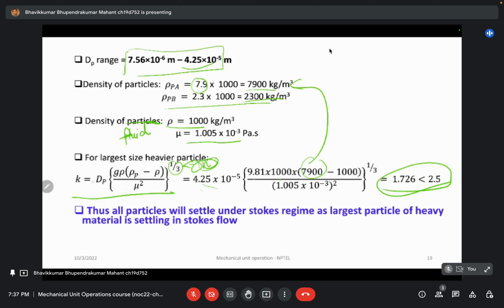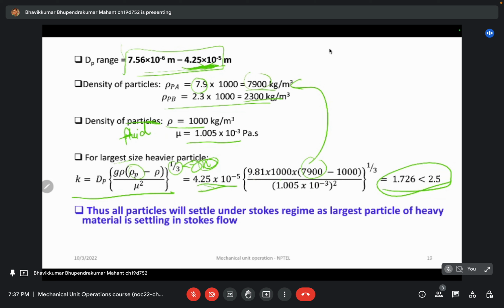This is the equation: K is equal to dp g rho p minus rho divided by mu square, raised to 1 by 3. Here we need to take the largest size and heavier particle. We consider the largest particle diameter, 4.25 into 10 to the power minus 5 meter, and the heavier particle density, 7900 kilogram per meter cube.